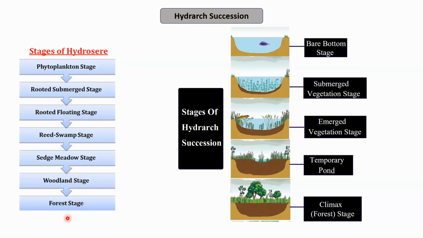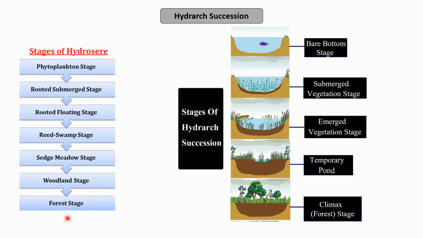So there are different stages of hydrarch succession, starting from the bare bottom stage where there is no plant. Then some submerged vegetative plants start growing. Then we have the emersed vegetation stage that emerges out of water. Then we may have a temporary pond with a swampy stage or sedge meadow stage.